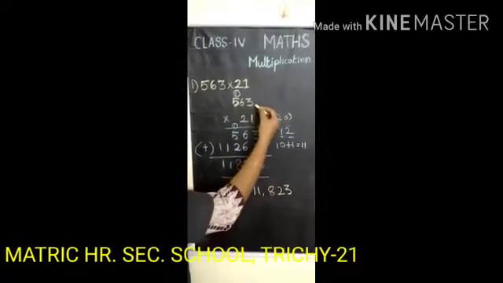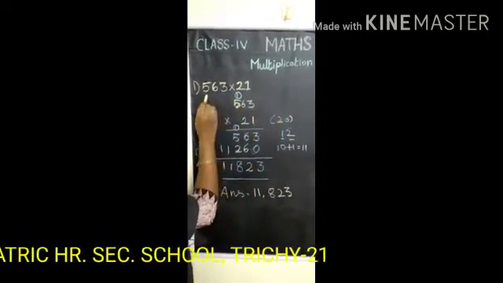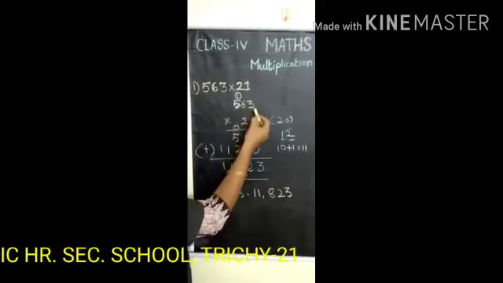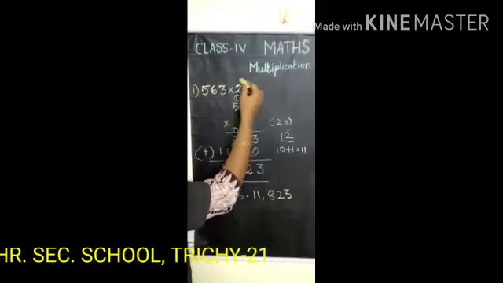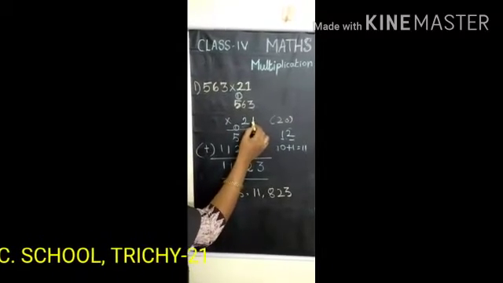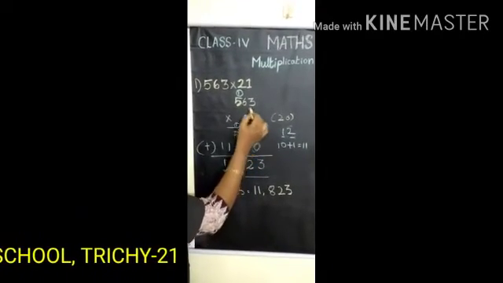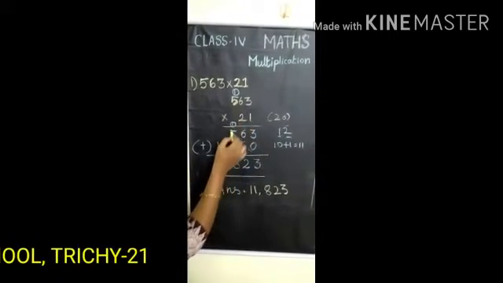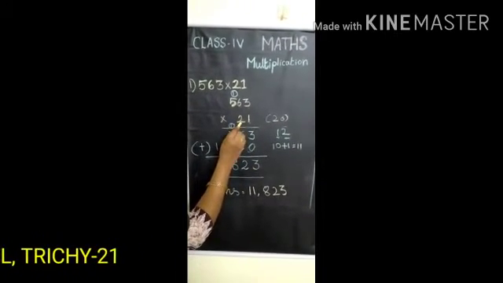So first, to multiply with a two-digit number, write the number 563, and below it the multiplier 21. Then start with the ones place number: 1 3s are 3, 1 6s are 6, 1 5s are 5. Then move to the tens place number.